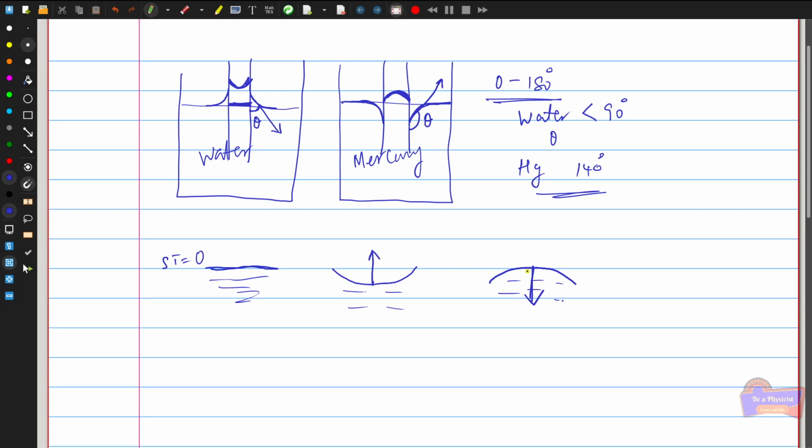So suppose you consider a liquid drop or a soap bubble having a spherical shape, that means the surface tension acts inwards, vertically downwards, in the soap bubble or liquid drop. Therefore, the inside has an excess pressure compared to the outside. So we are going to derive the expression for the excess pressure inside the liquid drop.